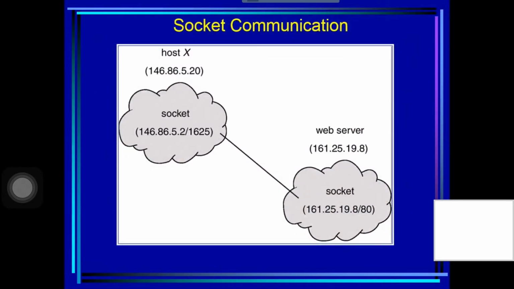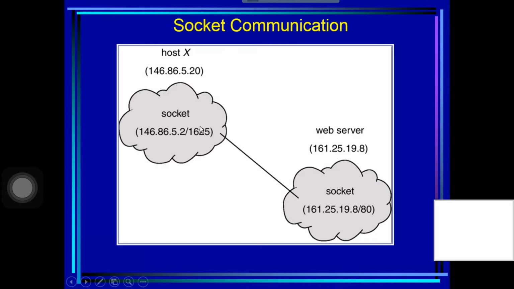if a client on host X with this IP address wishes to establish a connection with a web server which is listening on port 80 at this address, host X may be assigned port number 1625.